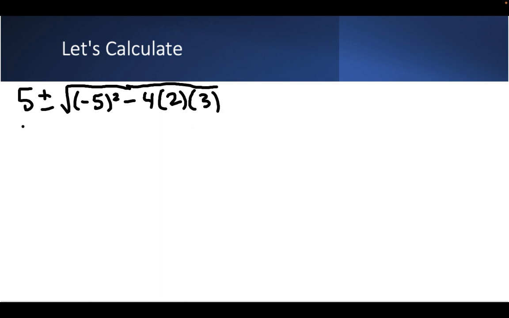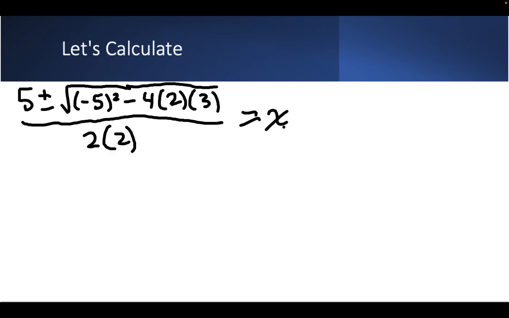And then all of this is over 2 times 2. And that's going to be our x. I'm just going to write x on the right side because we don't have space on the left side to write it.